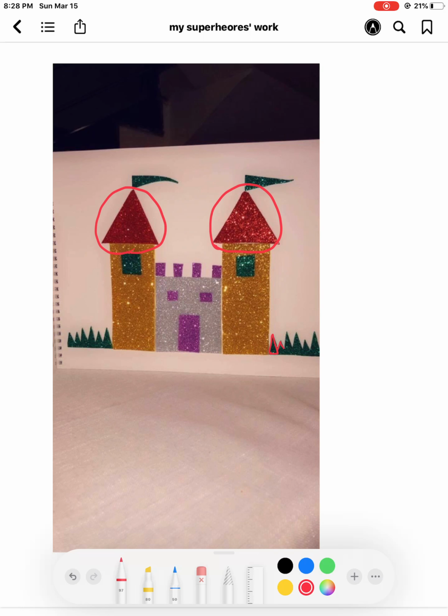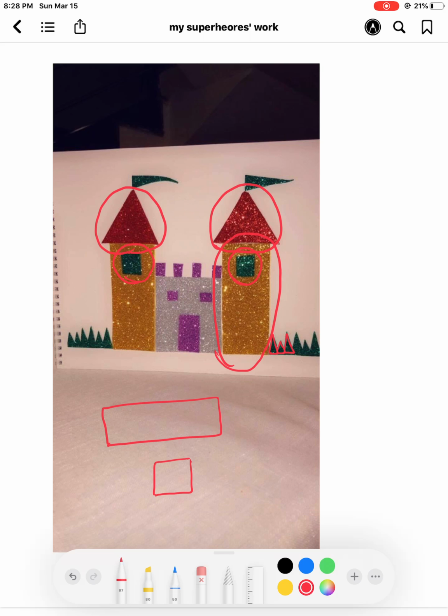And also those are triangles. He used squares and he used rectangles. And again, what is the difference between a rectangle and a square?